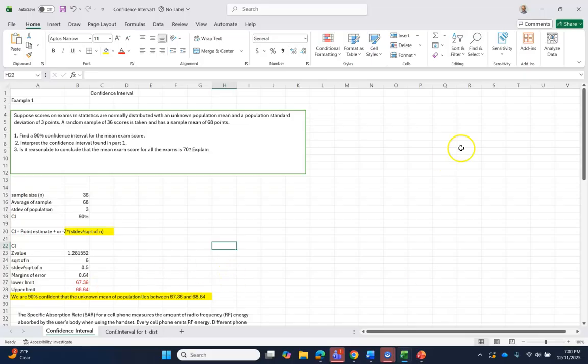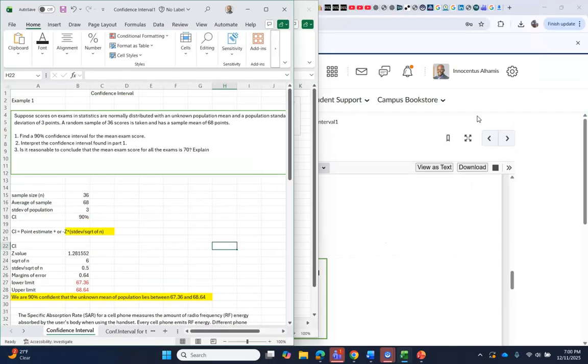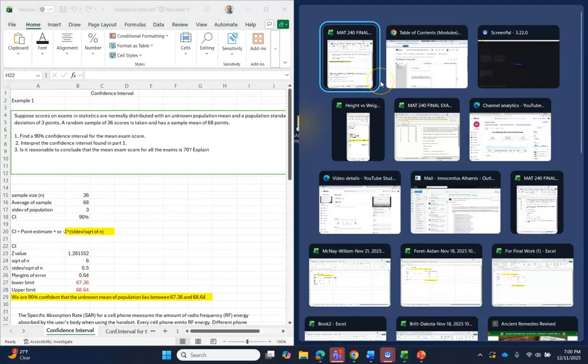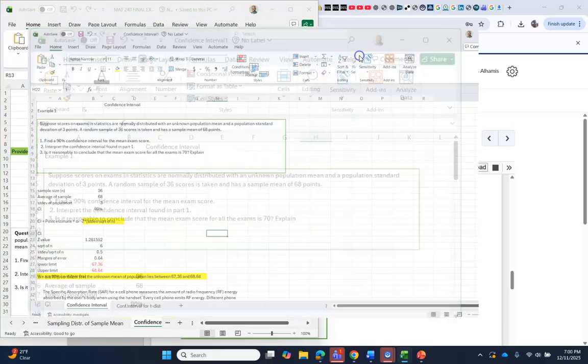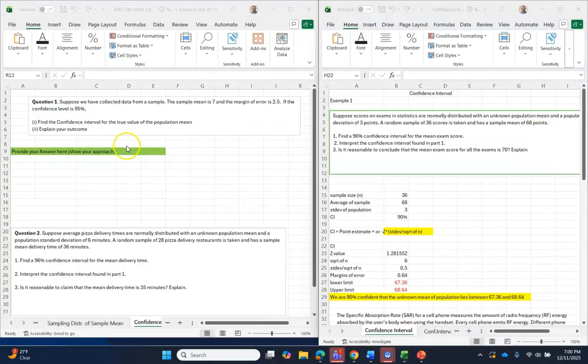And so, coming back to your exam, as I said, the margin of error is 2.5, or you can say the margin of error of plus and minus is 2.5. In this case, for me, I calculated and I got 0.64, with a confidence level of 95.